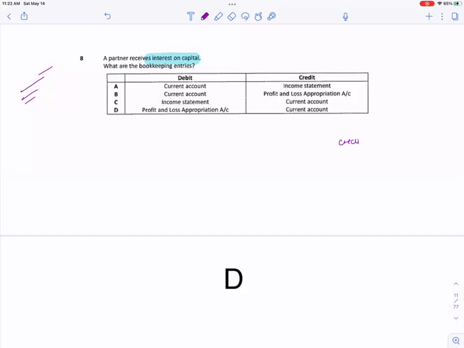Credit side of capital account or current account. Do we have capital account over here? No. Do we have current account? Yes. So it could be either option C or option D.